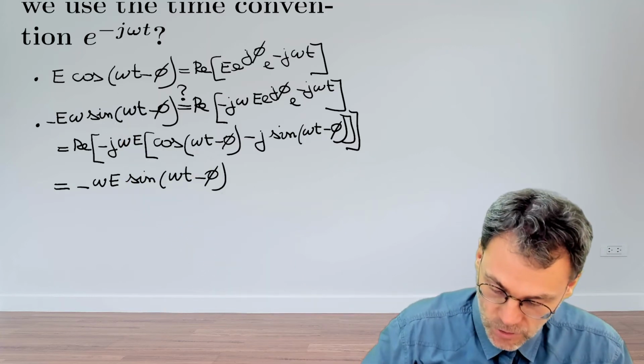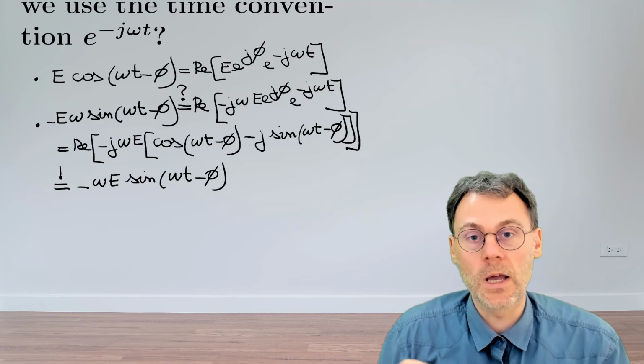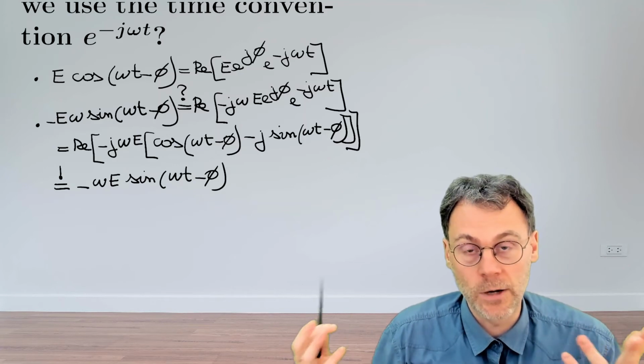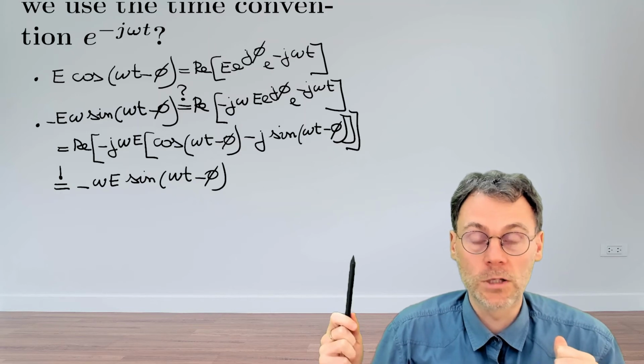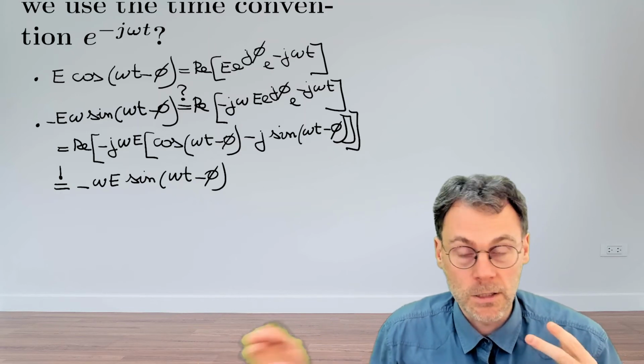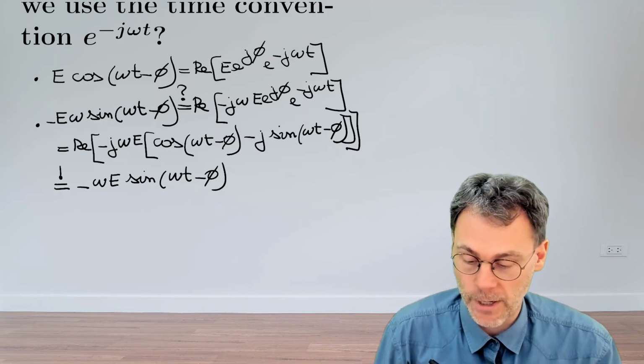So this is actually the same. So if we have derivatives in the time domain, in the frequency domain that corresponds to multiplication now with minus j omega as opposed to plus j omega.